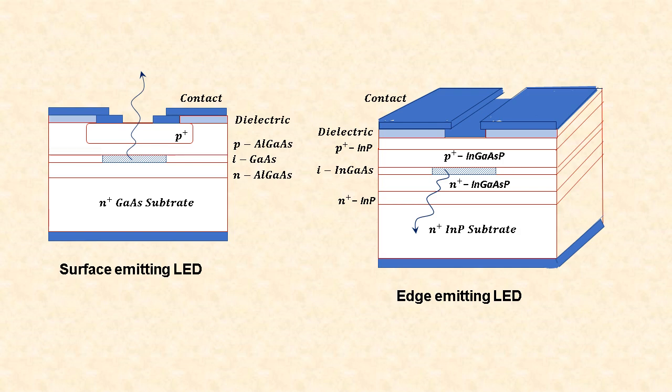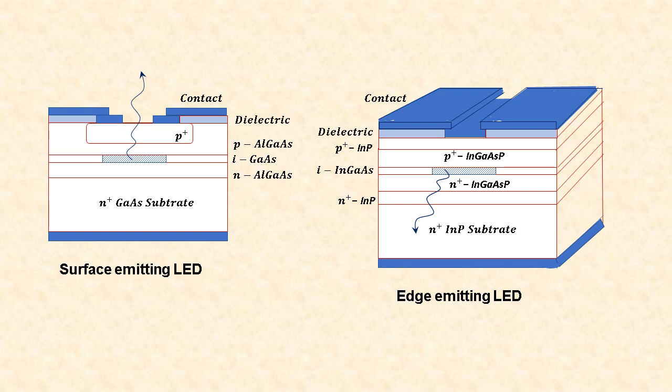In edge emission, optical cladding layers are used to confine the light to the emitting layer. Here the optical cladding layers are P plus indium phosphide and N plus indium phosphide. Optical cladding layers are heavily doped.